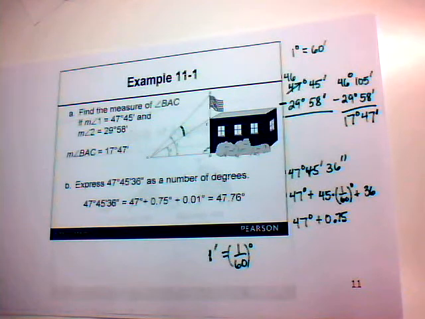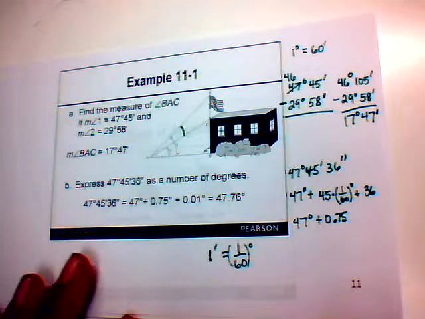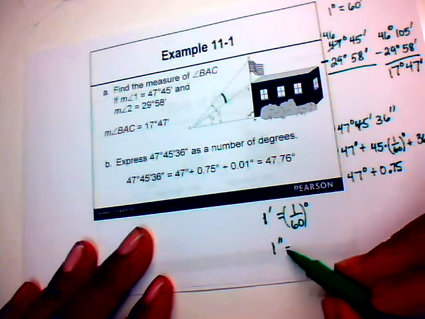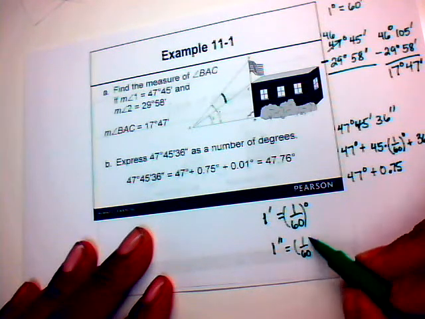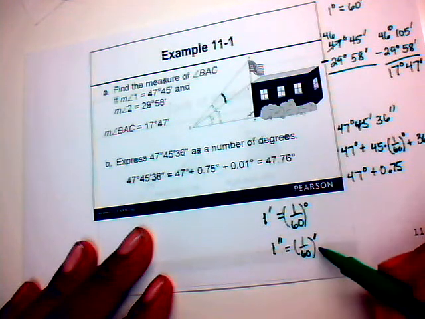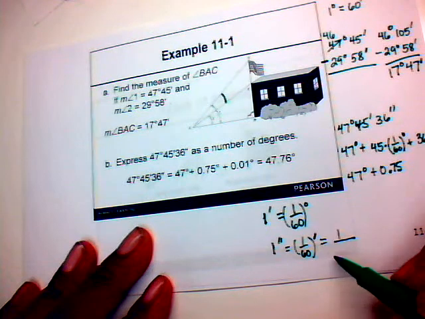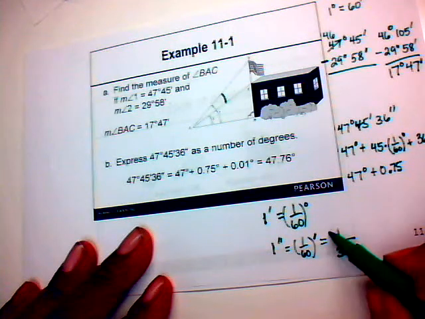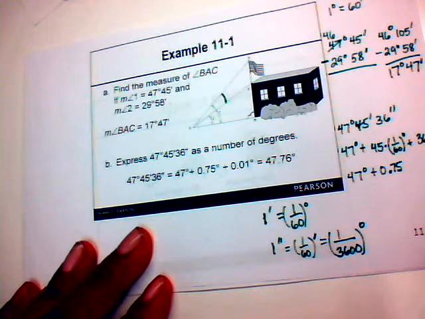If we got 1 degree, that's going to be 1/60th of a minute, and 1 second is 1/60th of a minute, then that means this will have to be 1 over 3600ths of a degree.